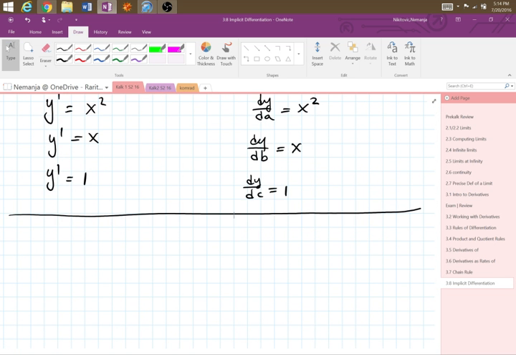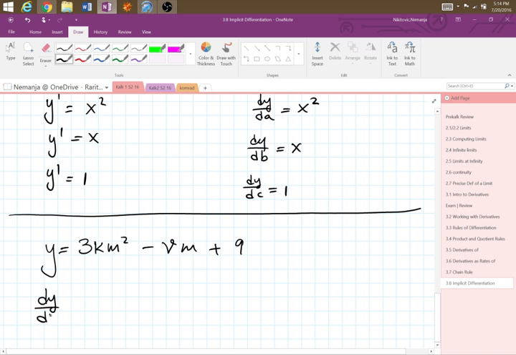So if I have, let's say, y is equal to 3km squared minus vm plus 9, something like this. To practice, I can ask you, what is dy dk? What happened? 3m squared.